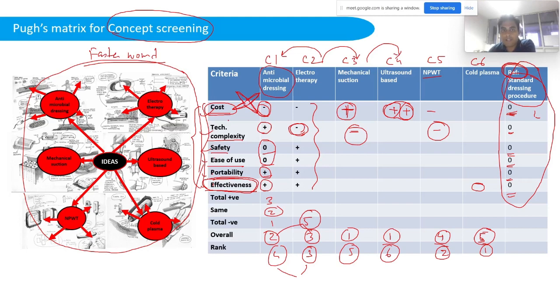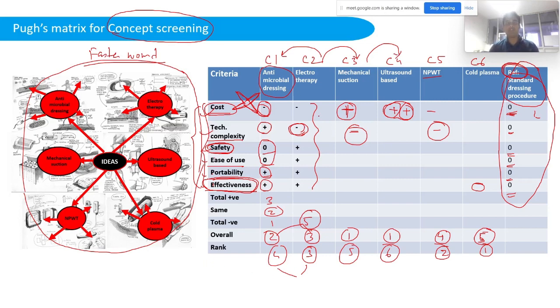Similarly, safety should have a higher weightage than the rest of the criteria, but that's not possible using a Pugh matrix. So these are two basic negatives of the Pugh matrix, why it cannot be used for final selection of concepts.